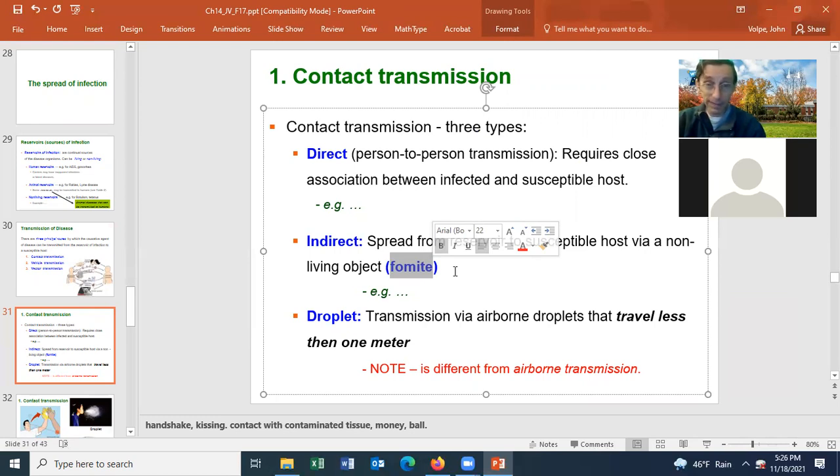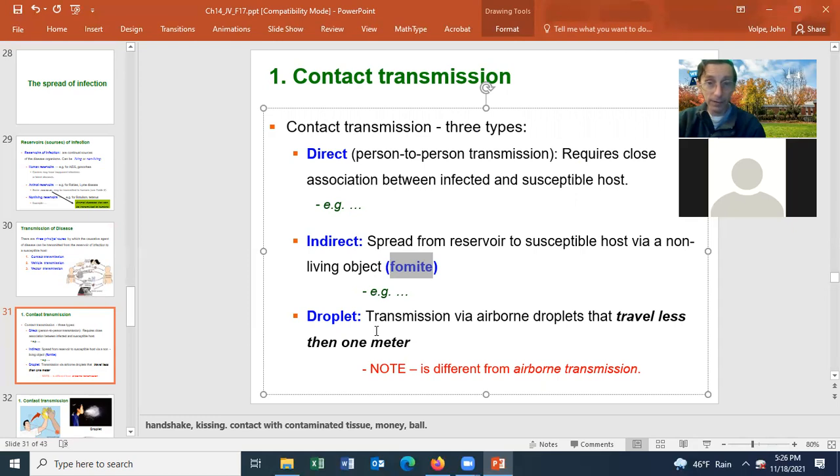Then somebody else pays for something with the money, and then somebody else touches the money, and then they get the disease-causing organism. Another case, which I'll show you in a minute, is a baseball can act as a fomite, causing the spread of indirect transmission.